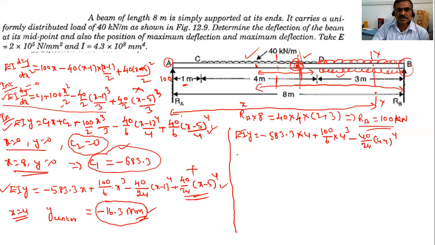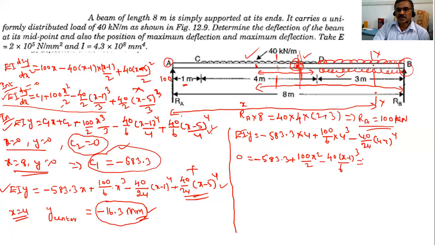If you substitute this, 0 is equal to C1, we know C1 is equal to minus 83.3 plus 100 x square by 2 minus 40 into x minus 1 the whole cube by 6.